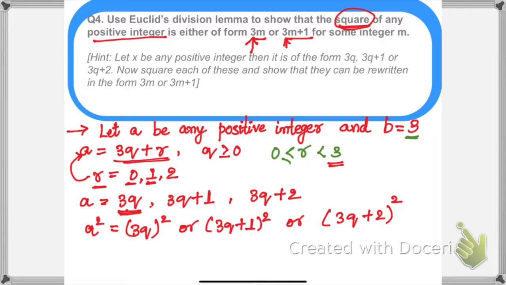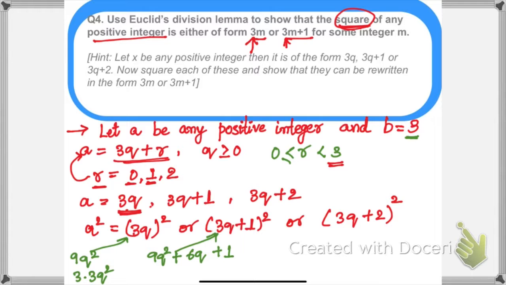So here you can write this as 3q whole square, which means 9q square. That means you can write it as 3 into 3q square. Okay, coming to this one, (a plus b) whole square is equal to a square plus b square plus 2ab, plus b square, that is 1.